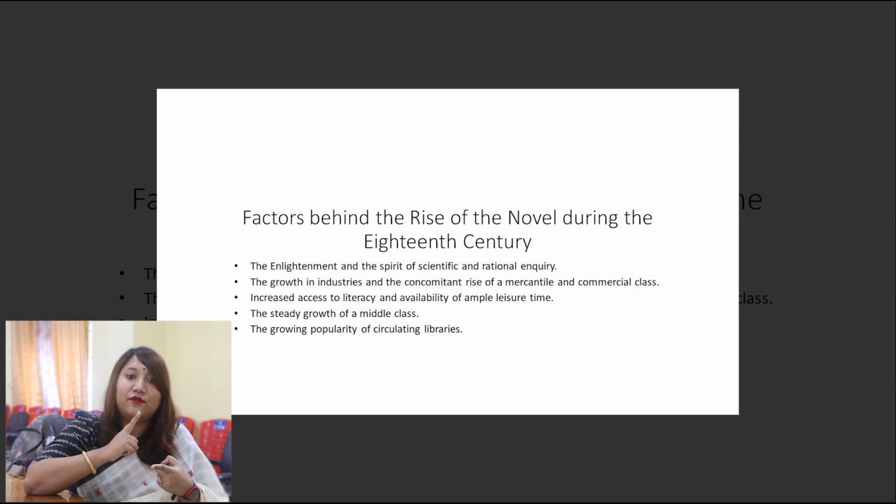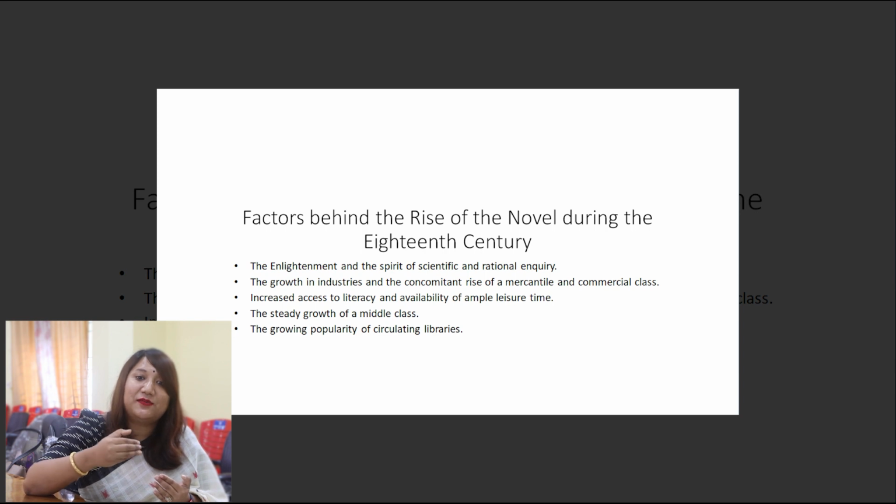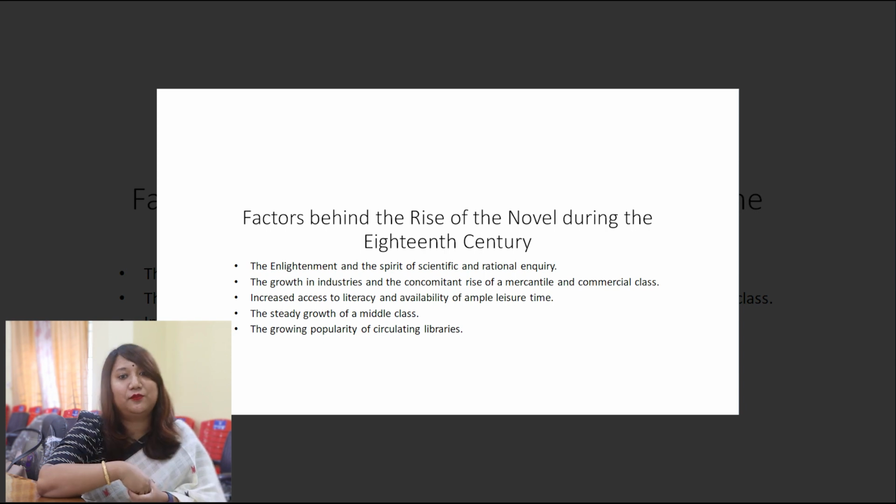Now, there were more and more people for whom it was possible to read different books. And in fact, the popularity of a book during 18th century England was decided by how many subscribers read those books. If it was popular amongst the different subscribers of a library, then it was considered a marker of the success of the book.